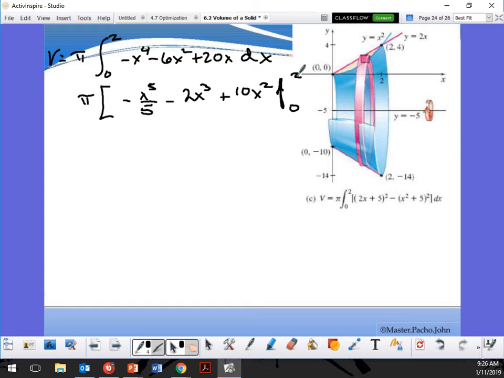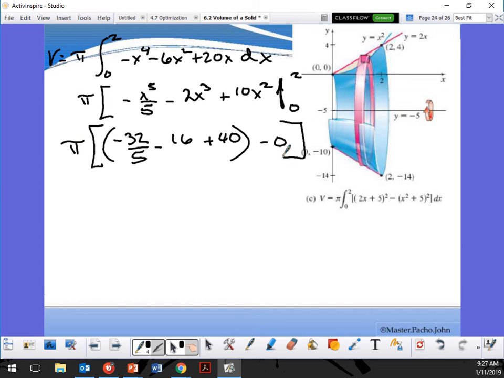All right, go ahead, start plugging in some numbers. So that's going to be 2 to the 5th is negative 32 over 5, minus 8 times 2 is 16, plus 40, minus 0.